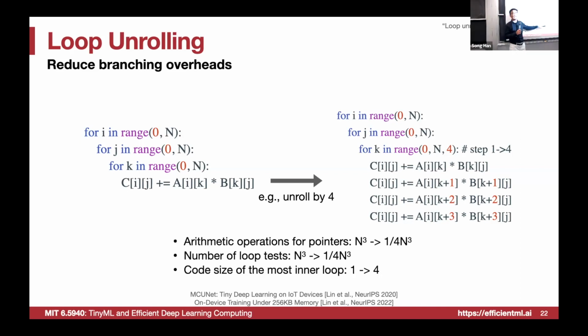The number of loop tests is also reduced by 4 times. Since we unrolled everything, now we need only 1 loop test. However, the code size inside the loop will be 4 times larger compared with before.